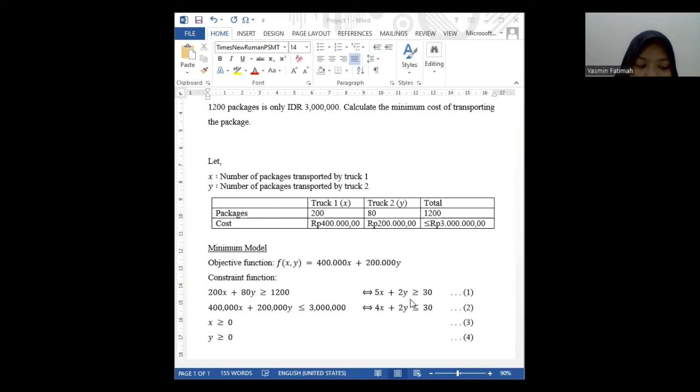The second constraint is 400,000x plus 200,000y is less than or equal to 3 million, and we can simplify it to 4x plus 2y less than or equal to 30, where x is greater than or equal to 0 and y is greater than or equal to 0. And then we will move to GeoGebra.